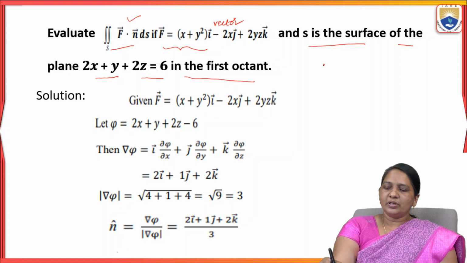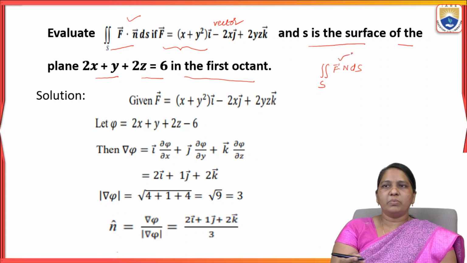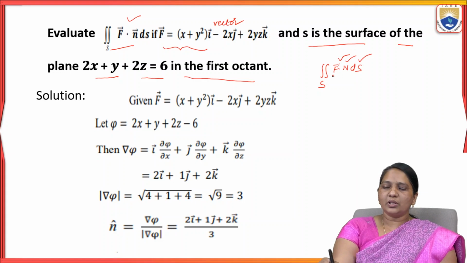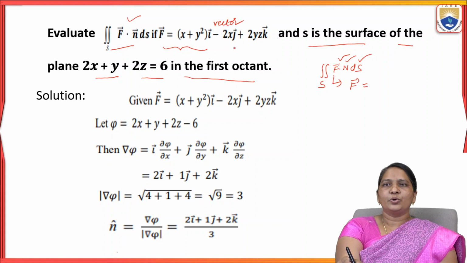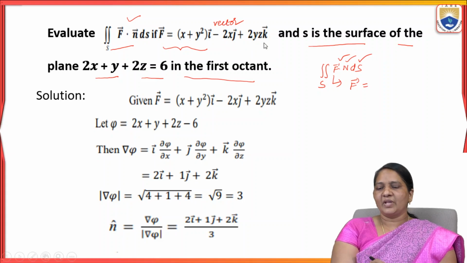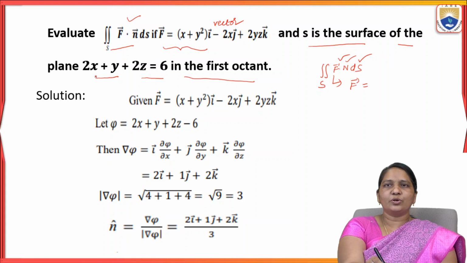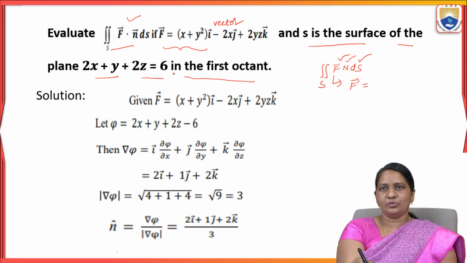To evaluate this integral, double integral over S of f bar dot n ds, we should know f bar, n and ds; only then can we evaluate it. To know these values, in the problem they give f bar as (x plus y square) i, minus 2x j, plus 2yz k, and they give the plane 2x plus y plus 2z equal to 6.